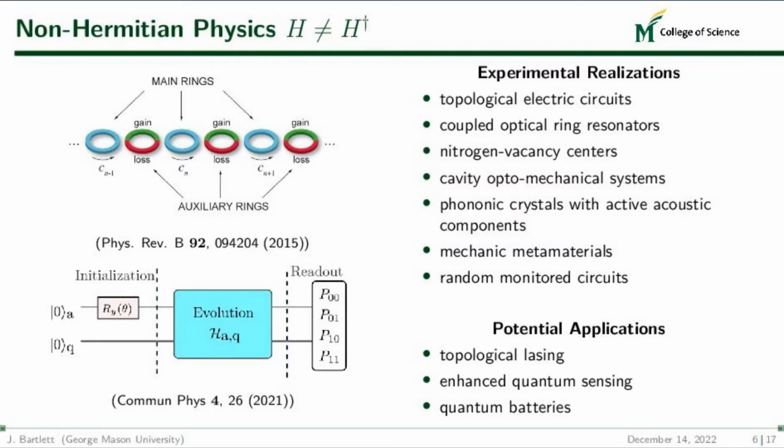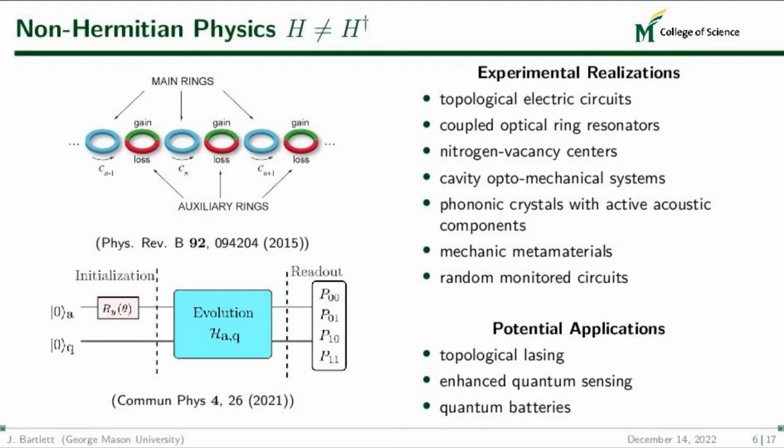On the bottom left, I'm showing one of the other experimental realizations, what is called the dilation method. And this is a really interesting way you can realize any non-Hermitian system. The idea is you dilate your non-Hermitian Hamiltonian into a larger Hermitian Hamiltonian by coupling it with an ancilla qubit.